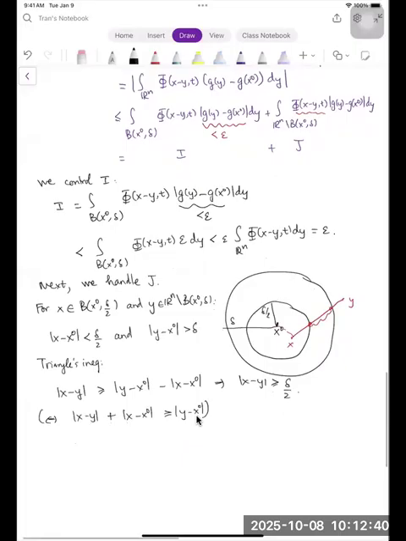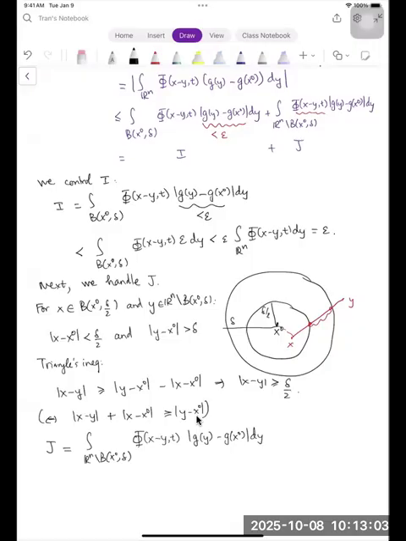So that suggests that J equals this integral on R^n taking away B of x naught, delta, of phi of x minus y, t, times g of y minus g of x naught dy.